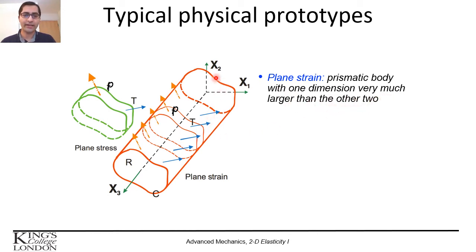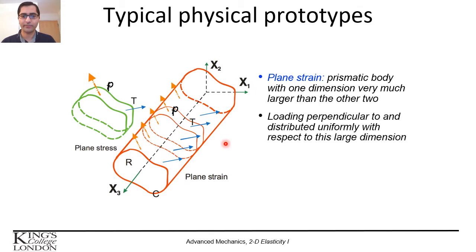So you see that the length is very much larger than the planar dimensions, the cross-section dimensions here. Loading perpendicular to and distributed uniformly with respect to this large dimension.